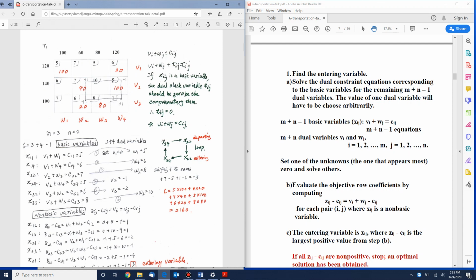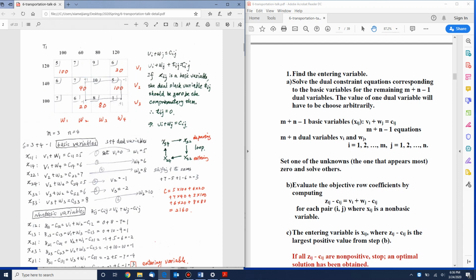So once we work out all the dual variables, we are going to calculate Zij minus Cij for those non-basic variables. Check the tableau. We found that cell 1,2 and cell 1,3 represent variables x12 and x13, respectively, and they do not have value. That means they are zeros, right? So these are non-basic variables.